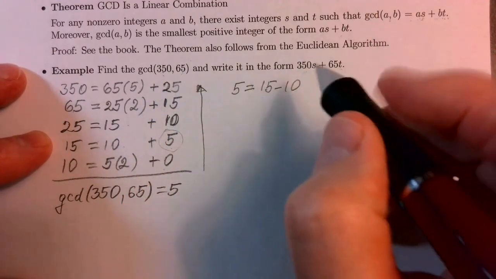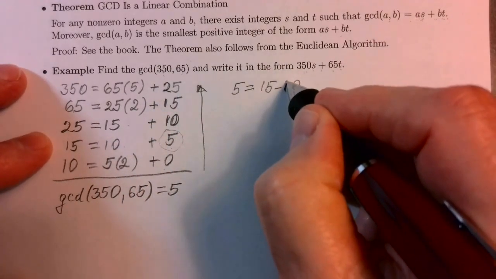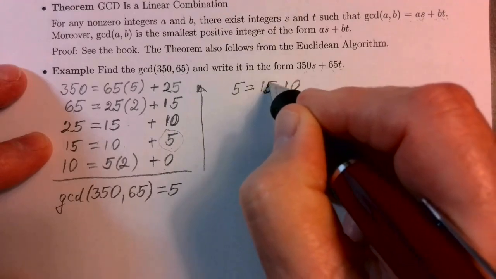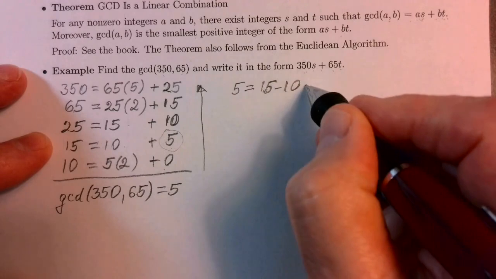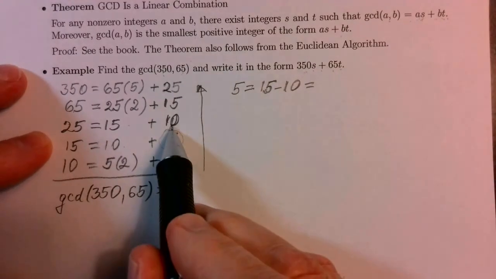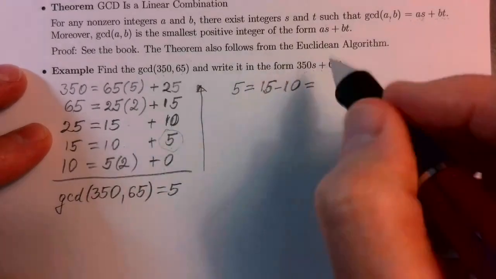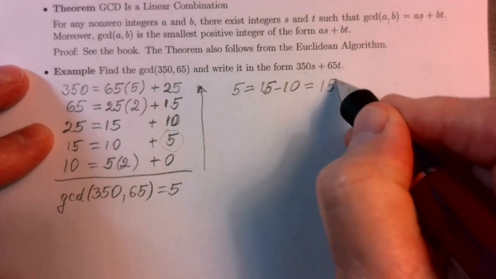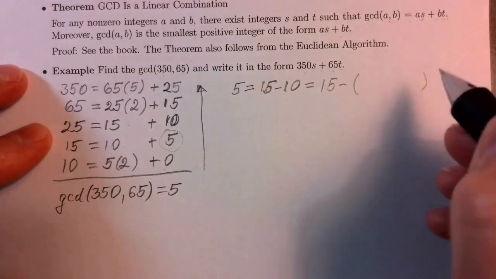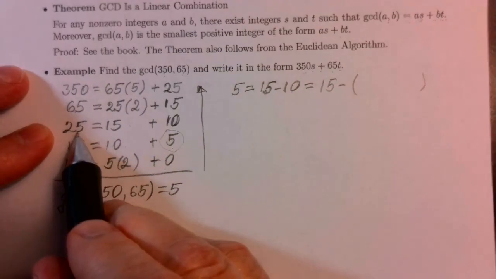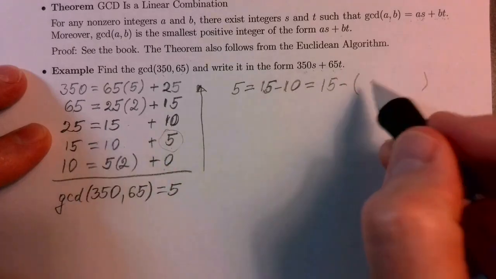We don't lose important numbers by multiplying them. From the previous equality, we express 10 as 25 minus 15. So instead of 10 over here, we write 25 minus 15.